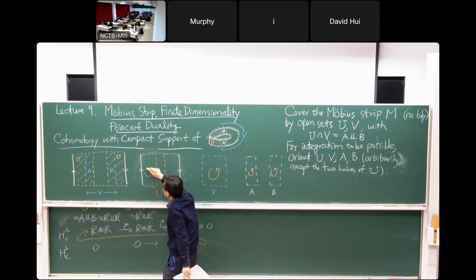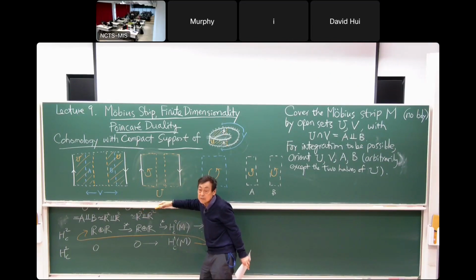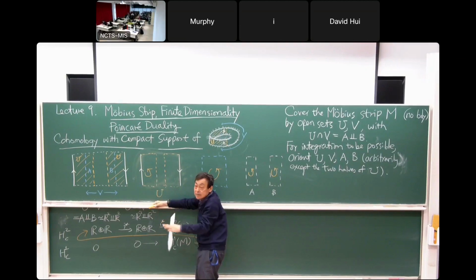Now you can orient this part of U arbitrarily. But then here it's not arbitrary because it has to be consistent with this.